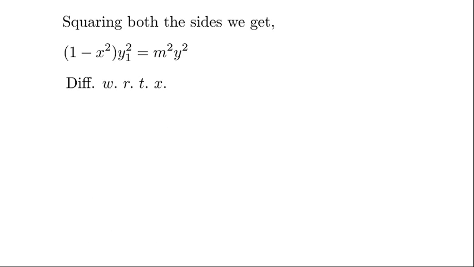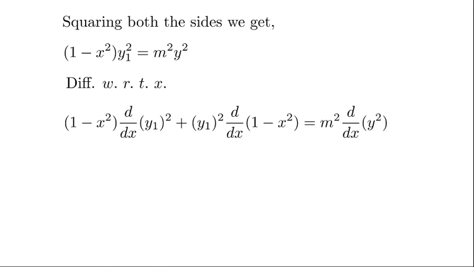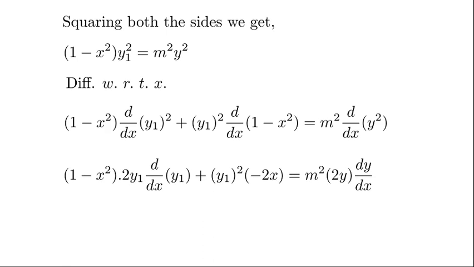Now differentiate with respect to x. So (1 minus x square) d/dx of y1 square, plus y1 square into d/dx of (1 minus x square), equals m square into the derivative of y square. Here, for the derivative of y1 square, we treat y1 as x; it becomes x square, whose derivative is 2x into the derivative of what you thought of as x.